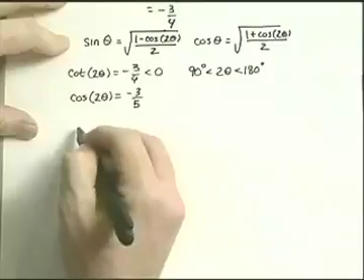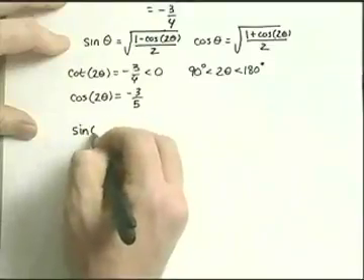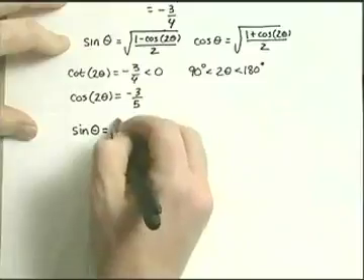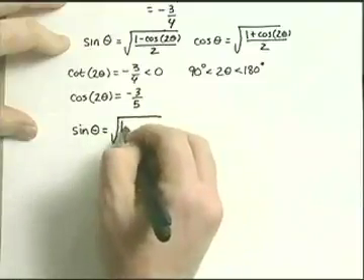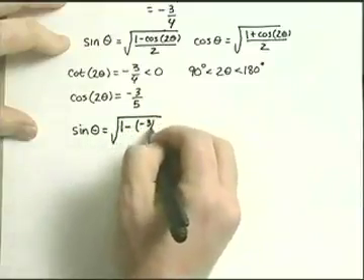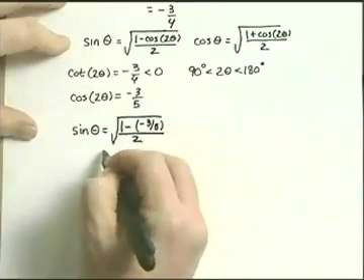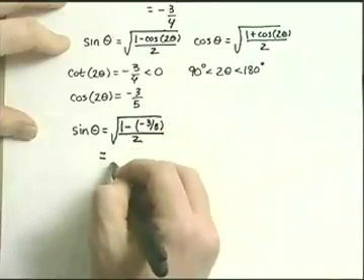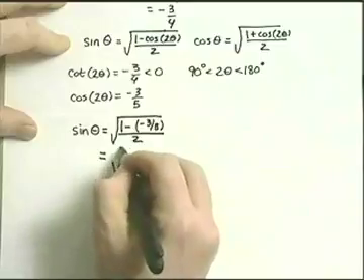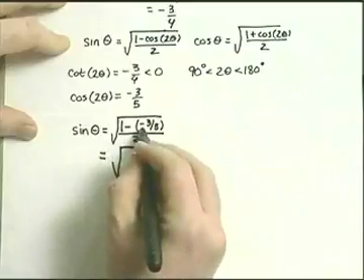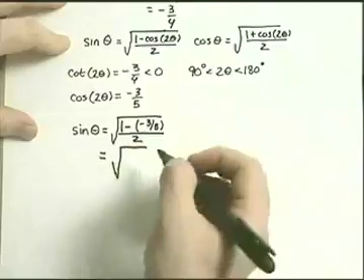Let me slide this paper up, and then what we get is that the sine of theta is equal to the square root of 1 minus negative 3/5 over 2. That gives me that the sine of theta is equal to 1 minus negative 3/5, which is 1 plus 3/5.